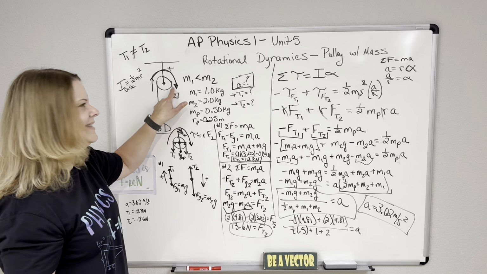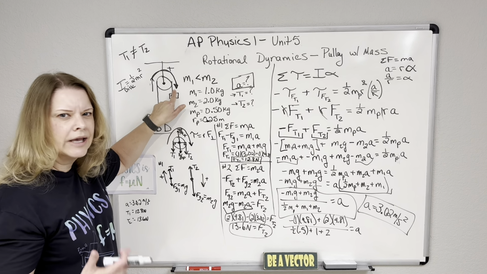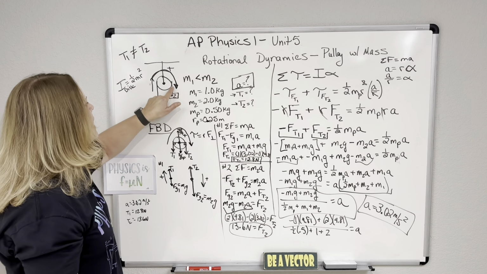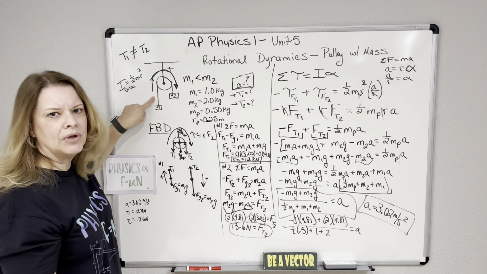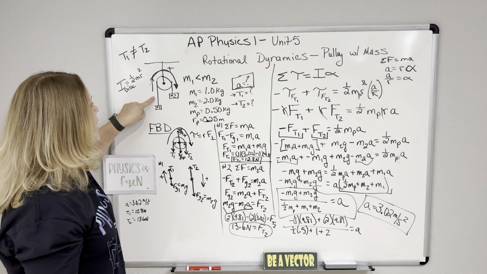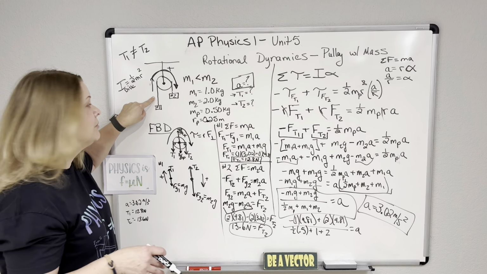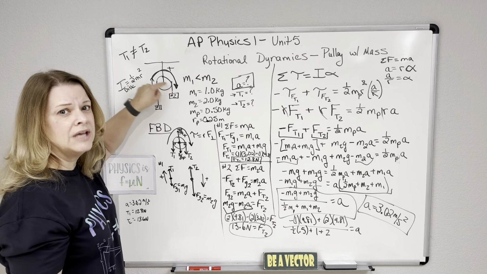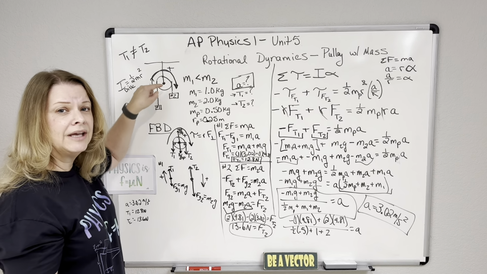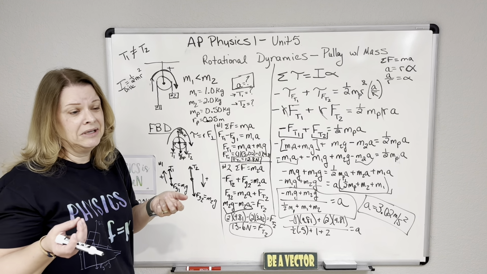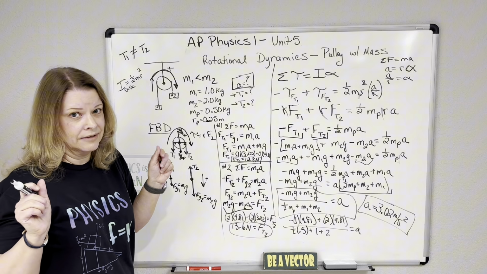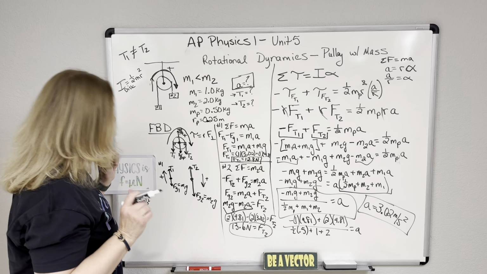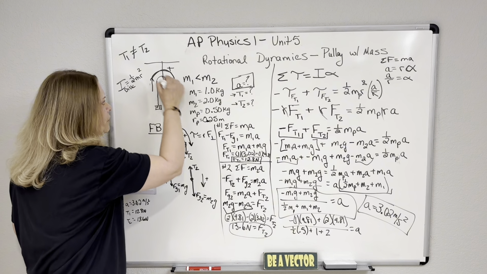The tension in this line, wire, cable, whatever it is, is not only lifting block 1 like it did in first semester. If it was only lifting block 1, they'd be equal. But it's also rotating the pulley. And the pulley has rotational inertia, meaning it doesn't really want to rotate. It's being a little stubborn, and so it takes some force to get it to rotate.